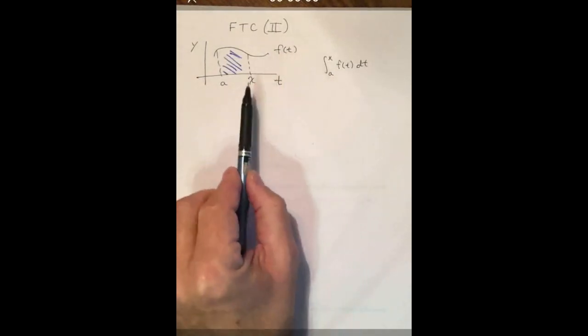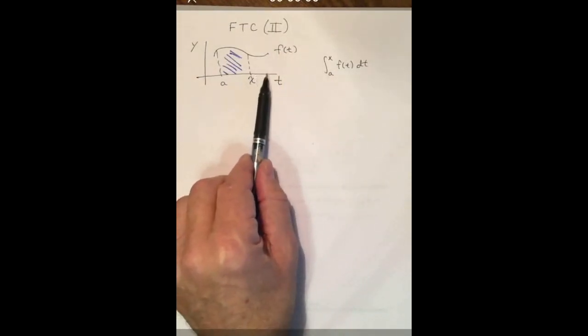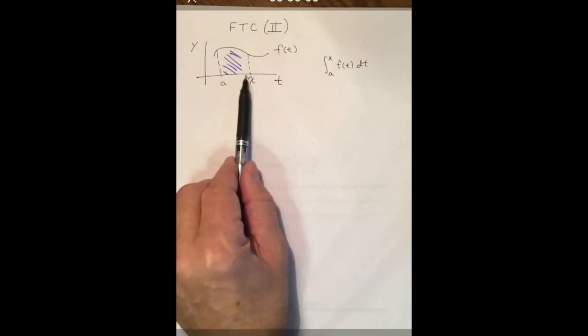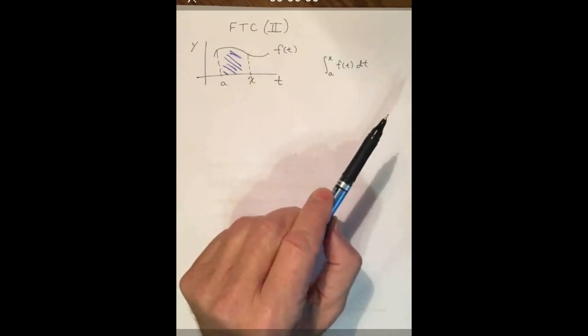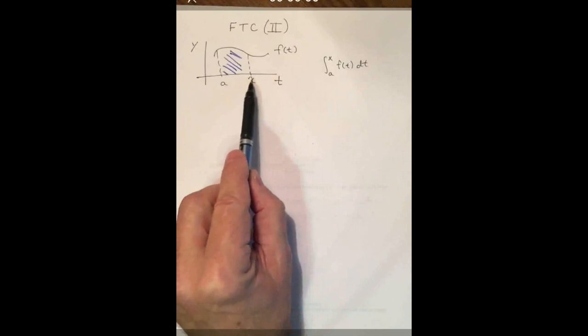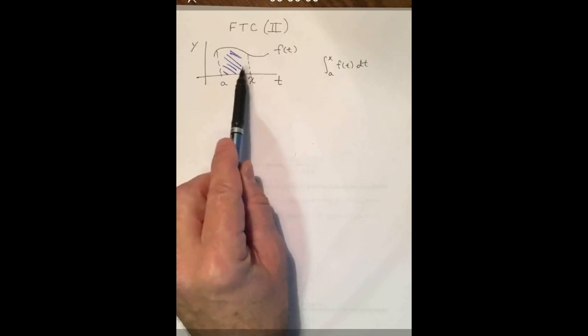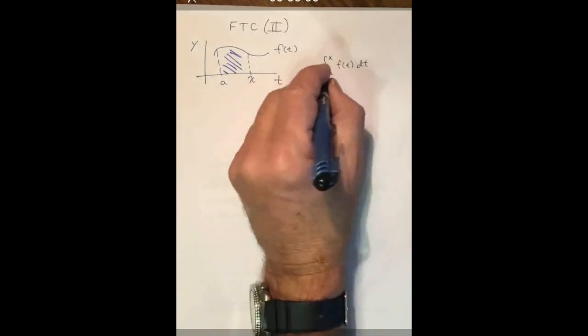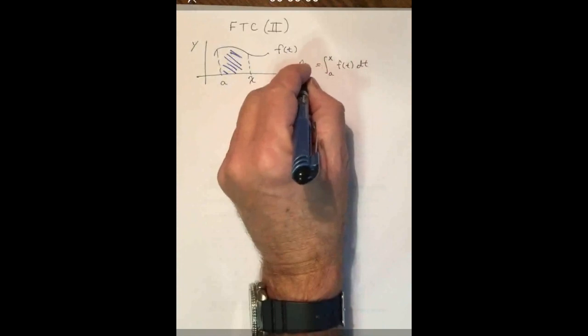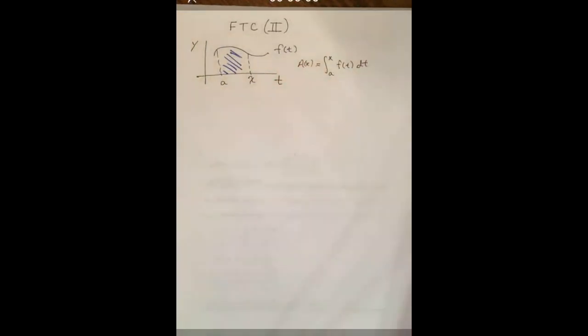Now, as you move x to the right or left, you get different areas. So when you change x, that results in a new value for the area. That is the exact definition of a function.